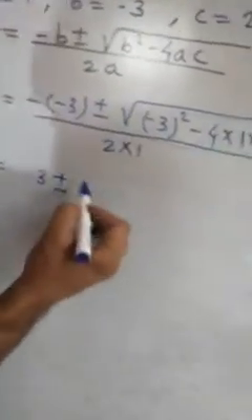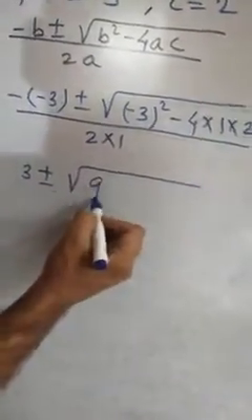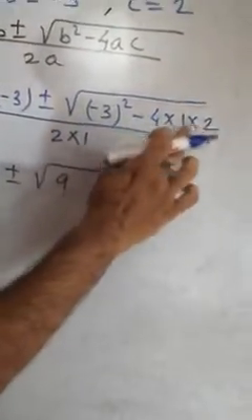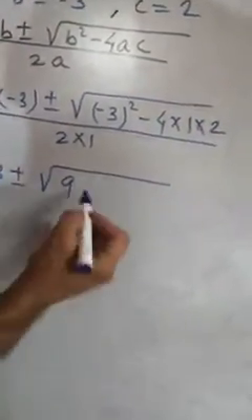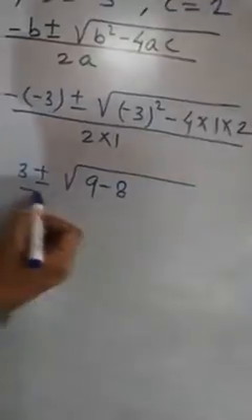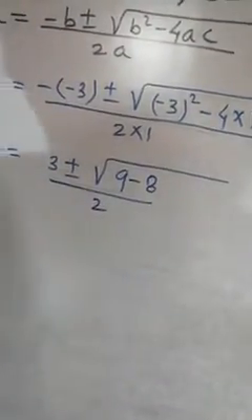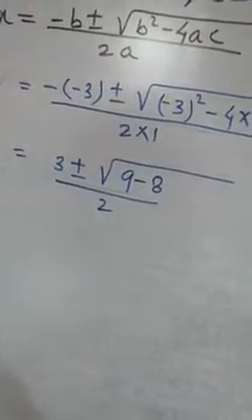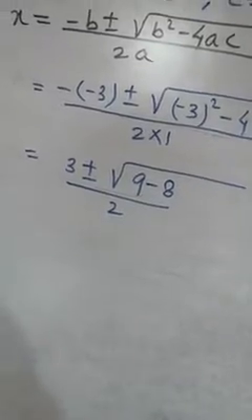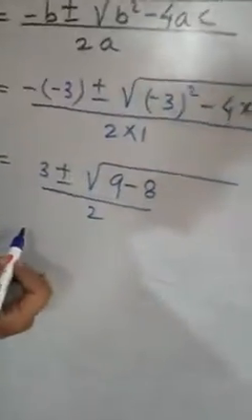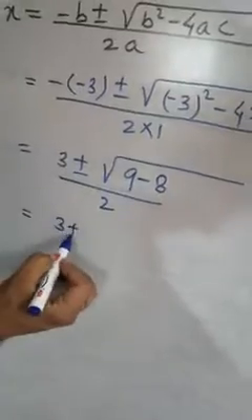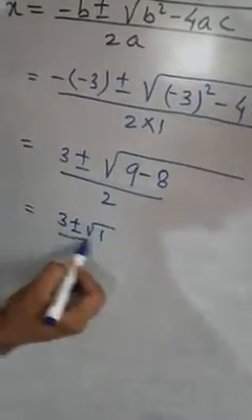3 plus minus square root of 9, 3 square is 9, minus 4 into 2, 8, upon 2. So we got 3 plus minus square root of 1 upon 2.